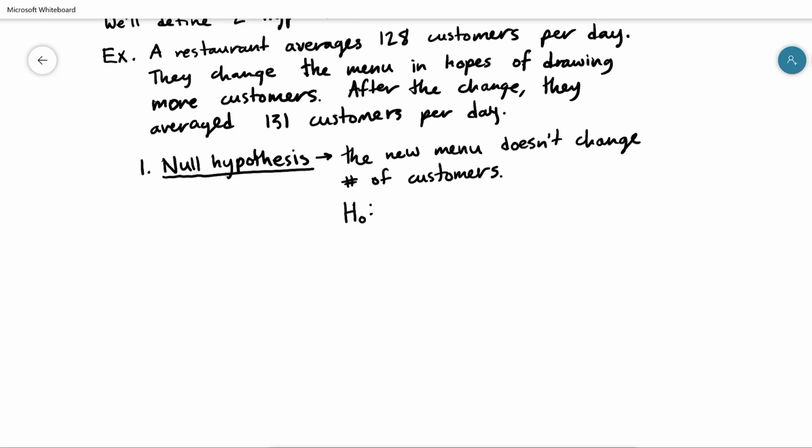And the colon just says, okay, here's the null hypothesis. We're about to state some mathematical sentence, so to speak, that tells us what the null hypothesis is. And in this case, the null hypothesis is that mu, our average number of customers, is still going to be 128. So that's what our null hypothesis would be.